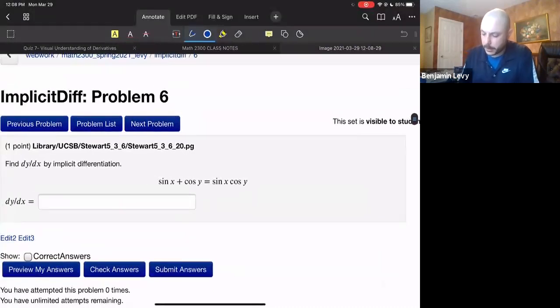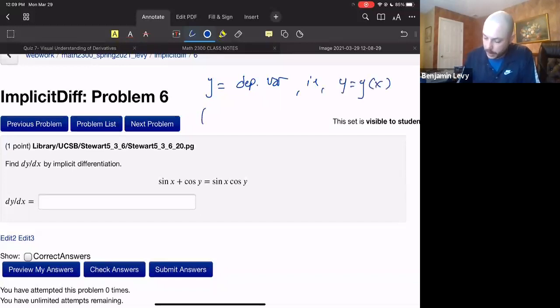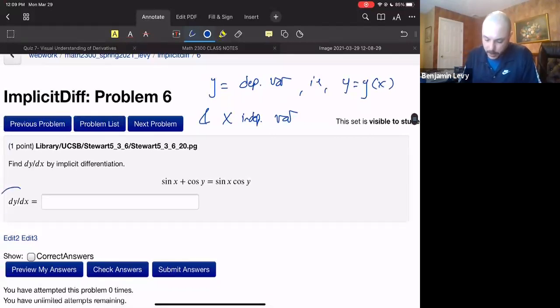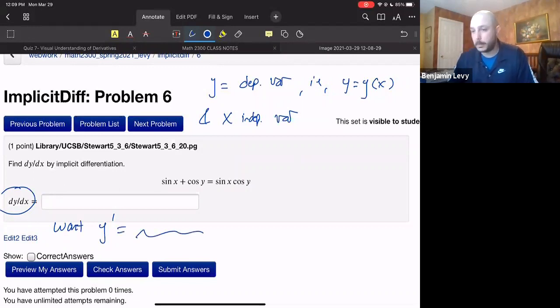And so we want to think about this as still y being the dependent variable, i.e. y is a function of x, and x is the independent variable. So this is like y equals something with an x in it, but we don't know what the explicit expression is, right? You can see the answer here. We want the answer to be y prime. So we want something that says y prime equals blah, blah, blah, just like we've been doing.